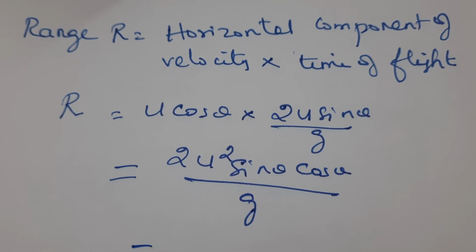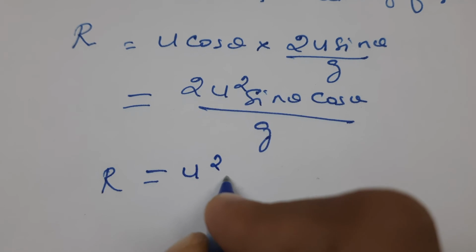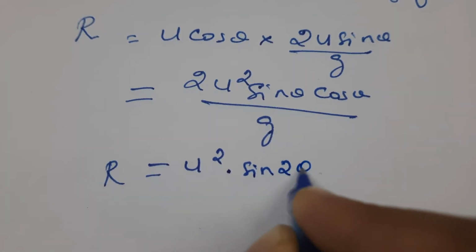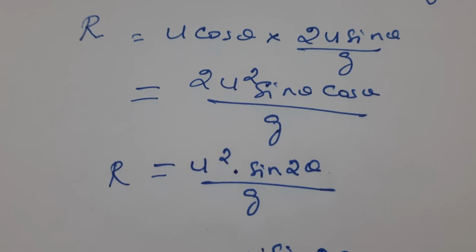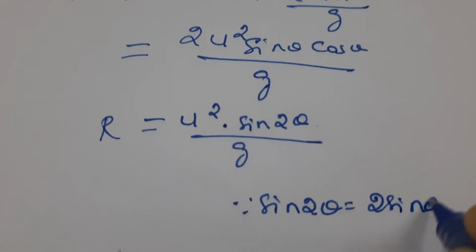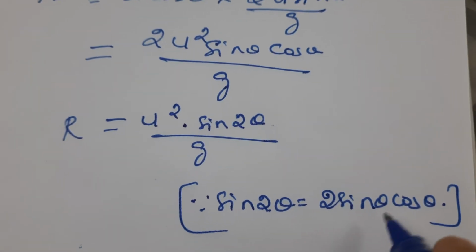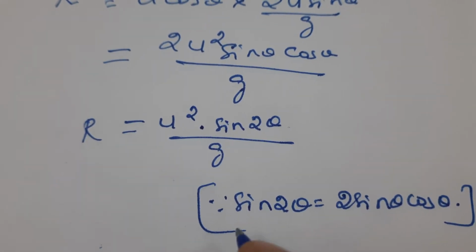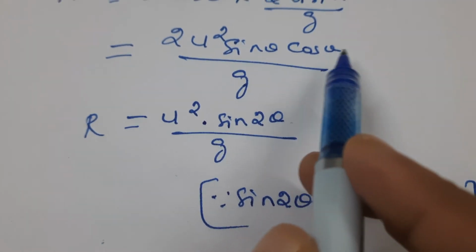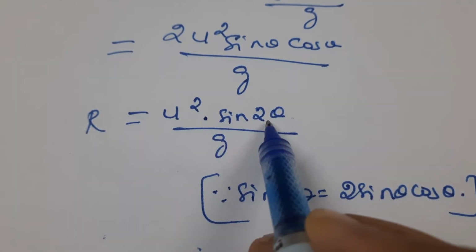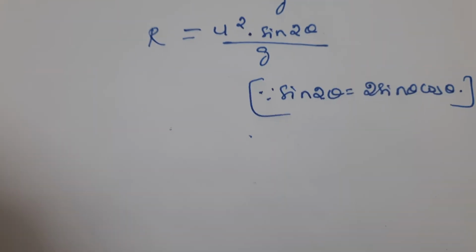Again we can write it like this: R is equal to u squared sin 2 theta by g, since sin 2 theta is equal to 2 sin theta cos theta. So instead of 2 sin theta cos theta, we can substitute sin 2 theta. So 2u squared sin theta cos theta can be written as u squared sin 2 theta by g.